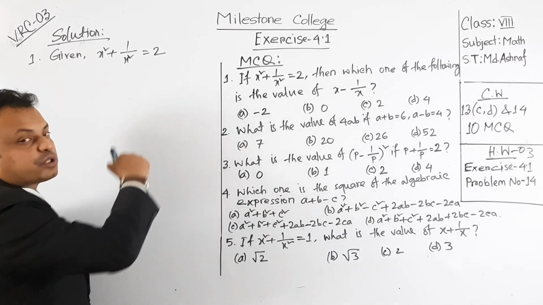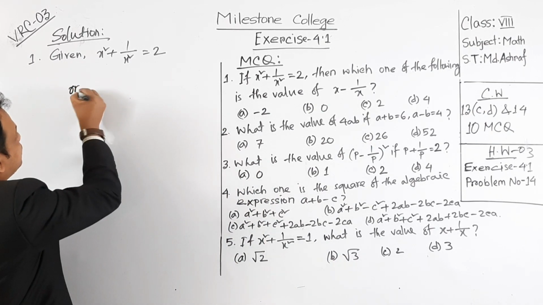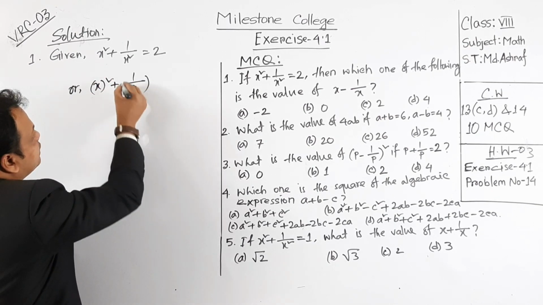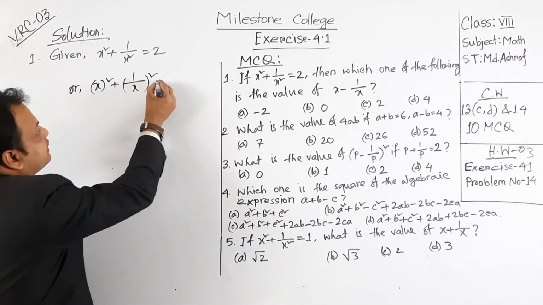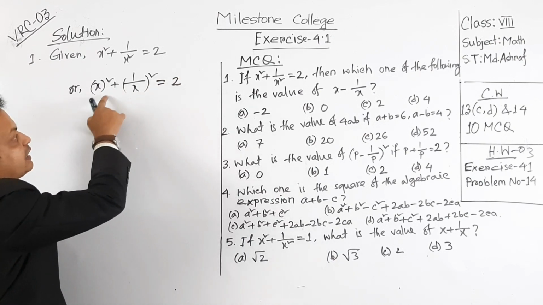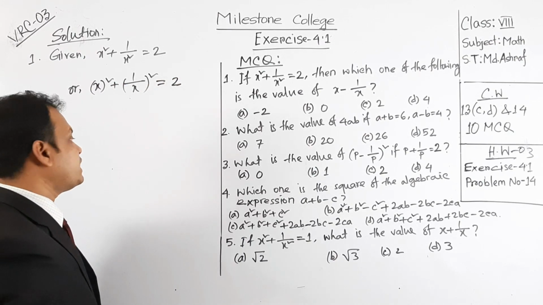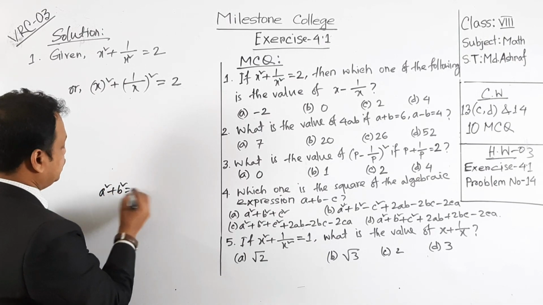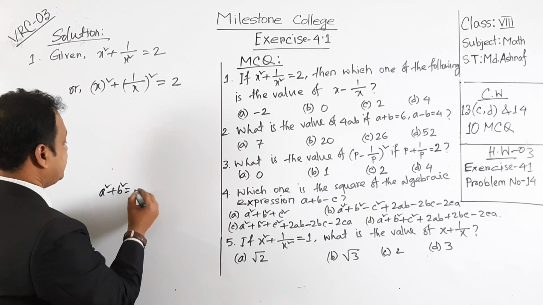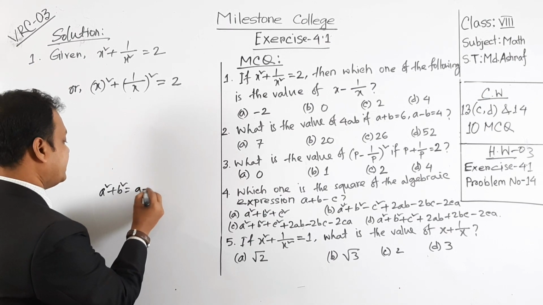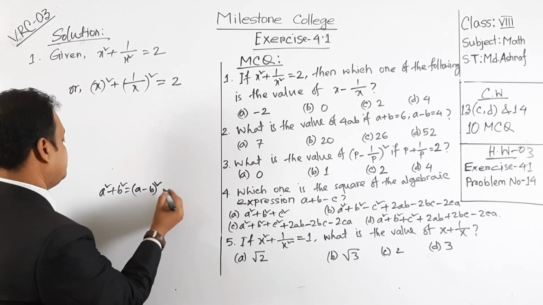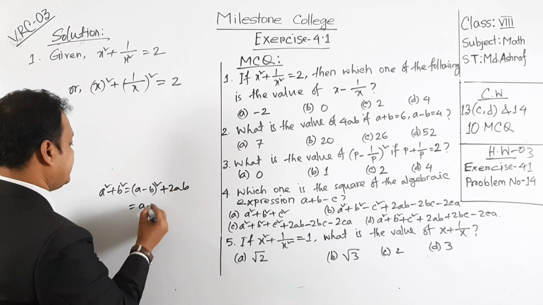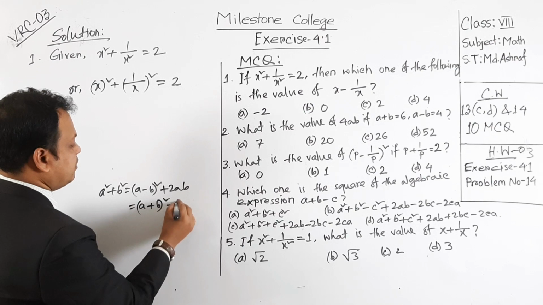So from the given information we can find. Look here, if we make it (x) whole square plus (1 by x) whole square, where x is a and 1 by x is b, equals 2. Then what will be? a square plus b square equals 2. We can write a square plus b square as (a minus b) whole square plus 2ab, or (a plus b) whole square minus 2ab.